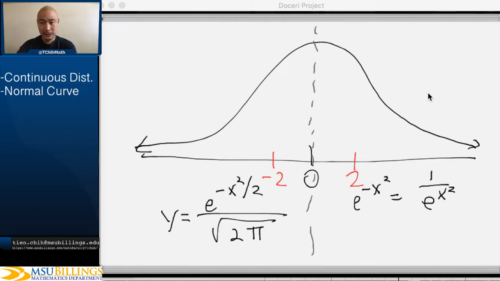Now, there are literally infinitely many probability distributions, and infinitely many potential families of probability distributions. So a reasonable question one may have at this point is, why focus on the normal curve here? Well, there's two answers to that question.